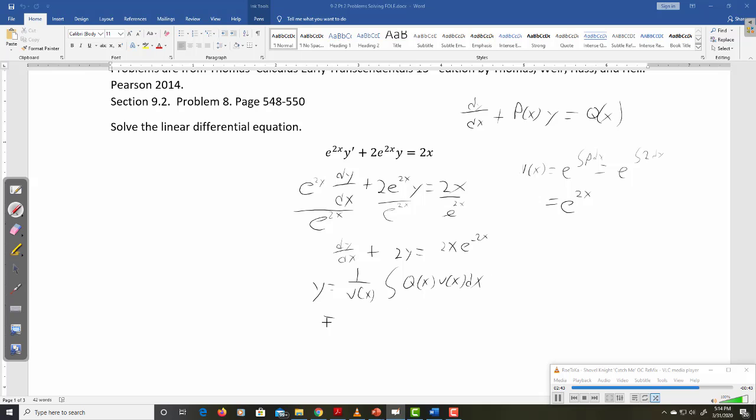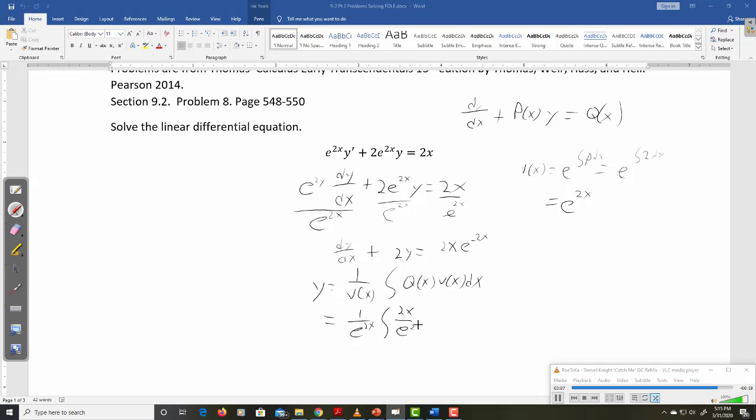So we're just going to get 1 over e to the 2x, integral q of x, which is 2x. I guess I wrote this version for some reason. I might as well stick to it, but 2x e to the negative 2x is what I had.